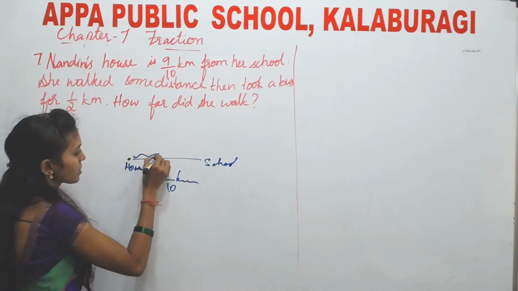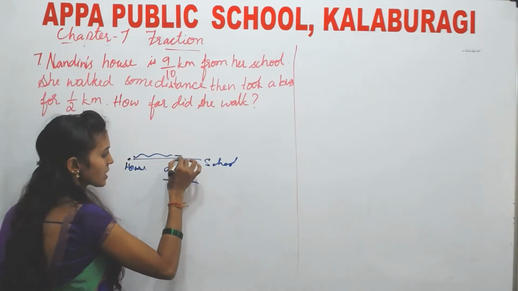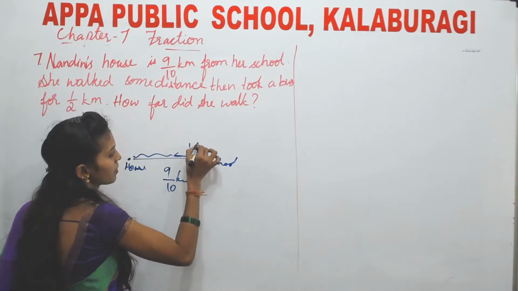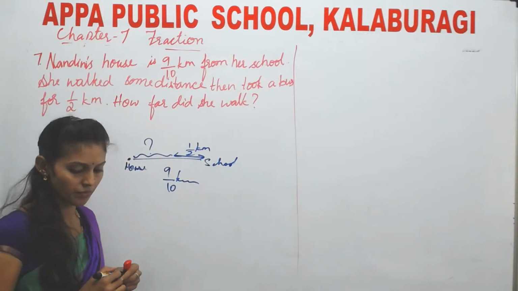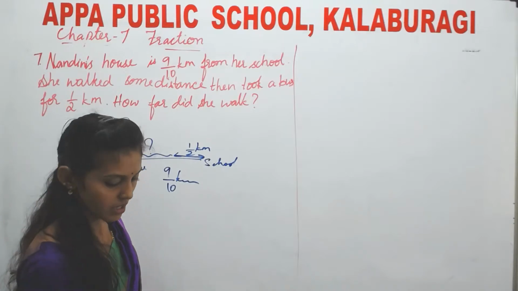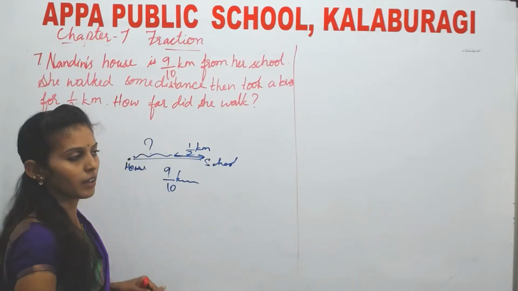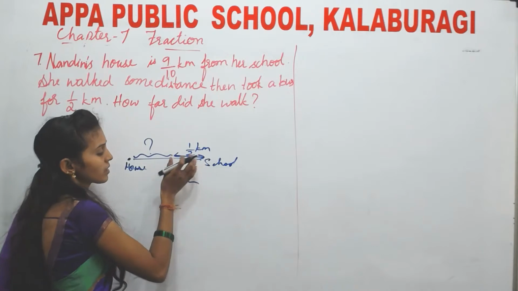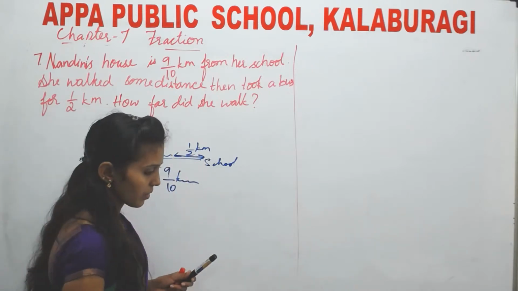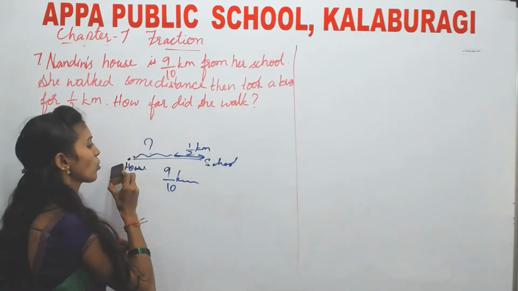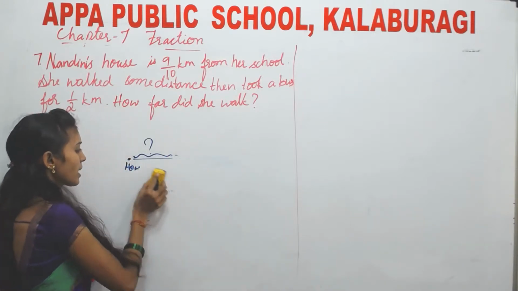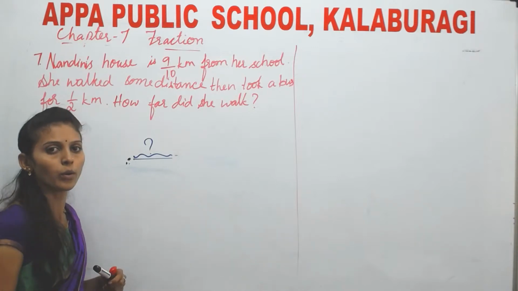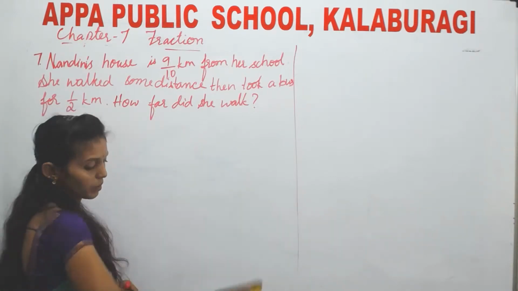She'll walk some distance and then she'll take a bus for half kilometer. How much she walked, we have to find out. This is nothing but subtraction only. From this total, subtract this much. From this total distance, this much she went by bus. If we subtract this, we'll get this much only, no? So, come on.